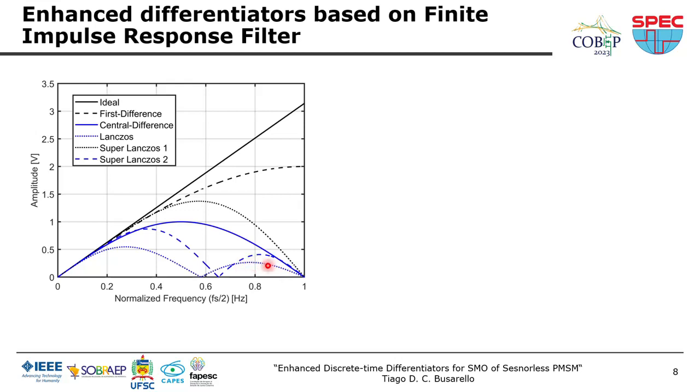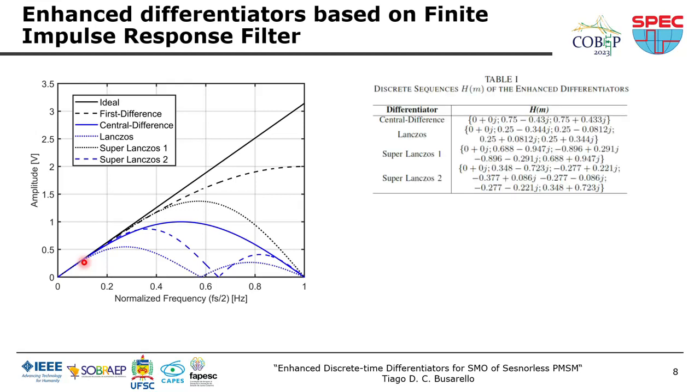This curve, for instance, is considerably lower than this one, but on the other hand, we have a short region of coincidence. That's not so much of a problem because we need to guarantee that our fundamental frequency of the rotor position is within this range of operation, so we can compute the discrete time differentiation accurately.